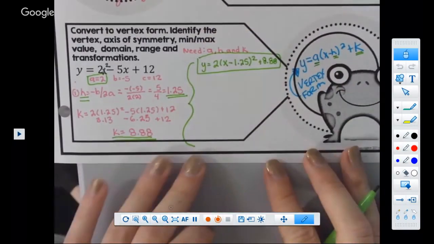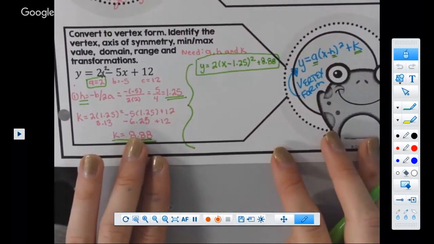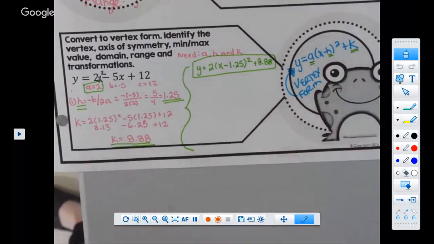We're now going to answer all the questions about this without graphing it. So I'm going to give you a chance real quick, because I think I talked sometimes too fast. Okay, but we're going to now use that vertex form formula to answer anything that they could possibly ask. Now, I'm not going to ask you this necessarily every question, but you'll be asked different pieces, so let's go ahead and address them all.